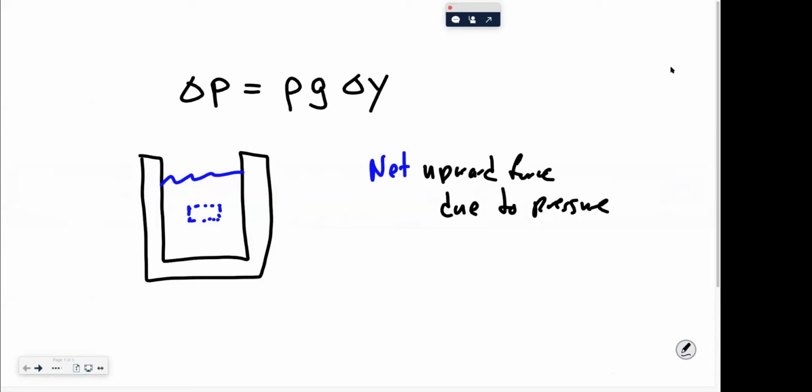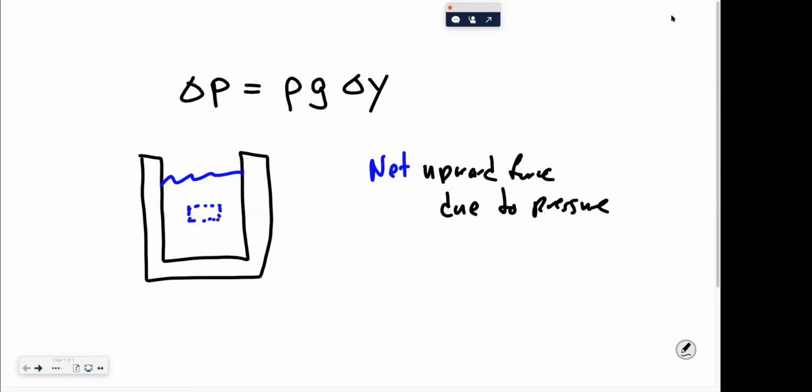Pressure is pushing up and down, but there is a net upward force on this particular volume element, and that net upward force is due to the pressure difference between the top and the bottom. If there were the same pressure everywhere, that would be a net zero force, and that wouldn't be pushing the thing anywhere at all. Because there's a net pressure difference between the top and the bottom, it's that delta P that gives you a net force in the upward direction. And that's a buoyant force.